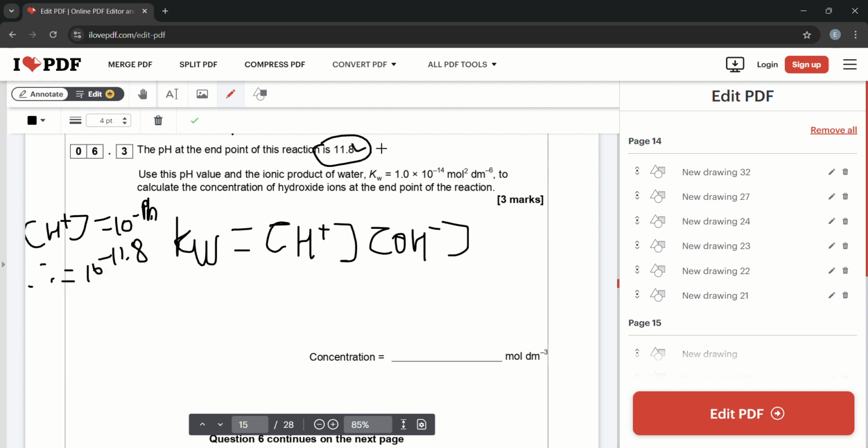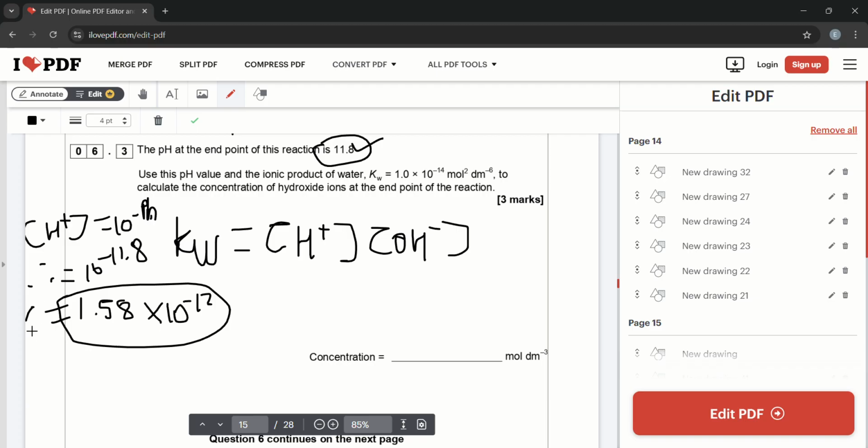We're given pH in the question, and that is 1.58 times 10 to the power minus 12. And that is the concentration of H plus.